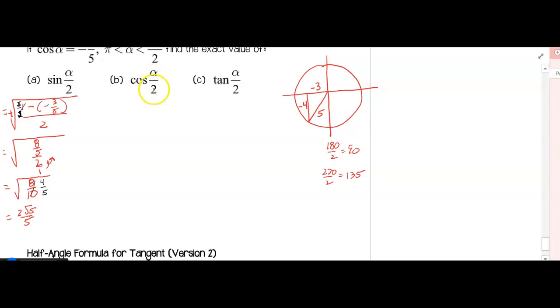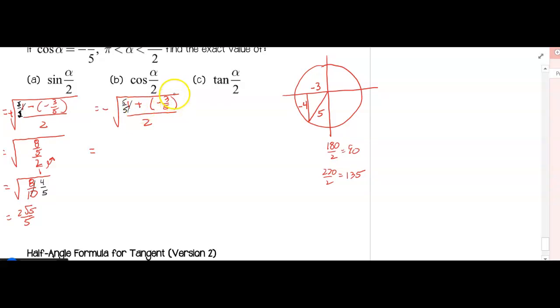Cosine of alpha over 2, again, we're going to be in the second quadrant somewhere between 90 and 135, so this is going to be negative square root of 1 plus cosine alpha, so plus negative 3/5 all over 2. So this again is going to be 5 over 5.